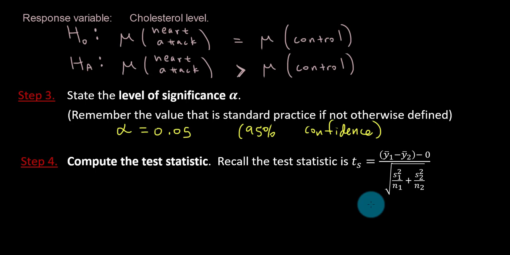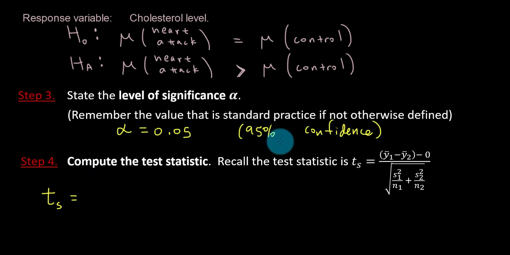Next step, it's time to do some computations. If this was a lab assignment, we would have the raw data and we would ask R to do a t.test with a specific indication that we want an alternative hypothesis that is directional. But in this context, we're going to calculate this by hand. So I'm hoping that this test statistic looks familiar to you.